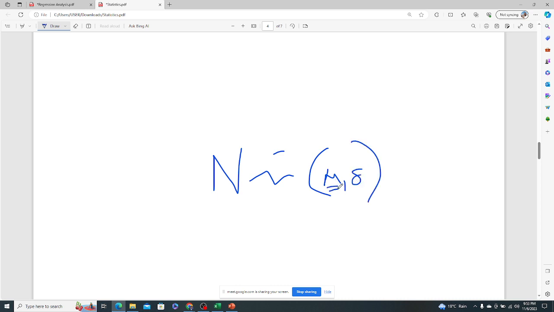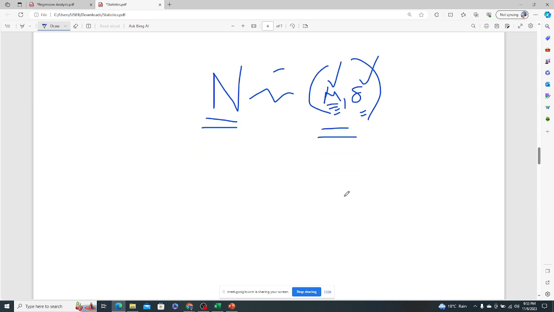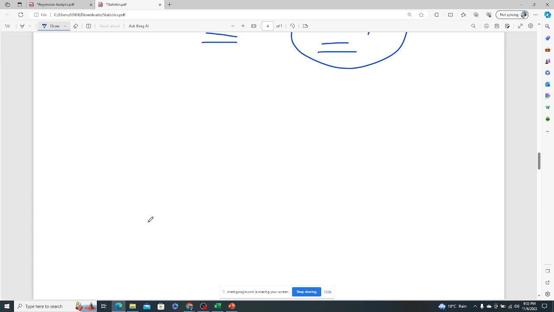Meaning these are the two major factors which affect the normal distribution. We shall check during our practicals how mean and standard deviation affect the normal distribution.